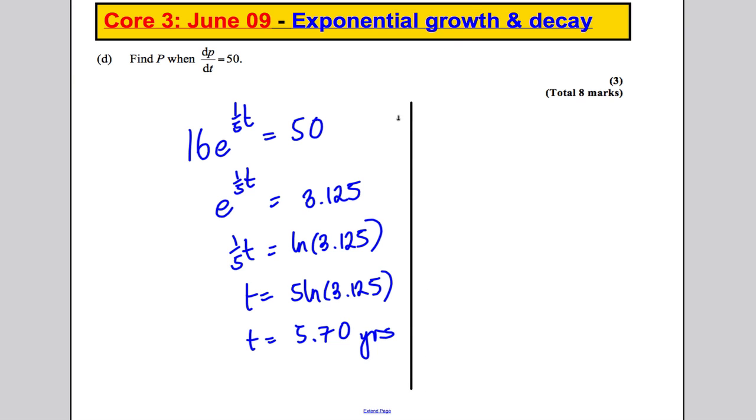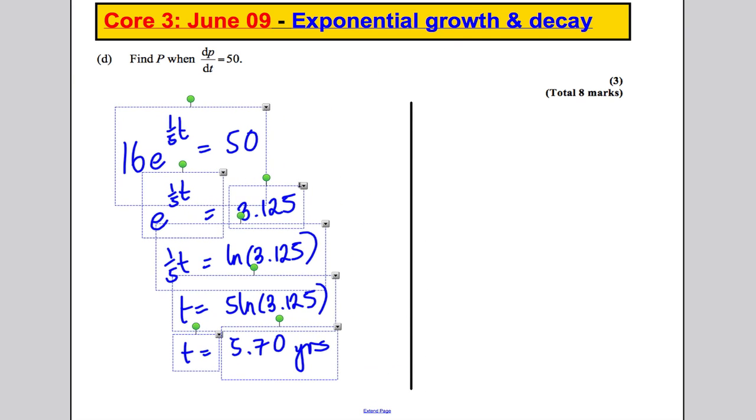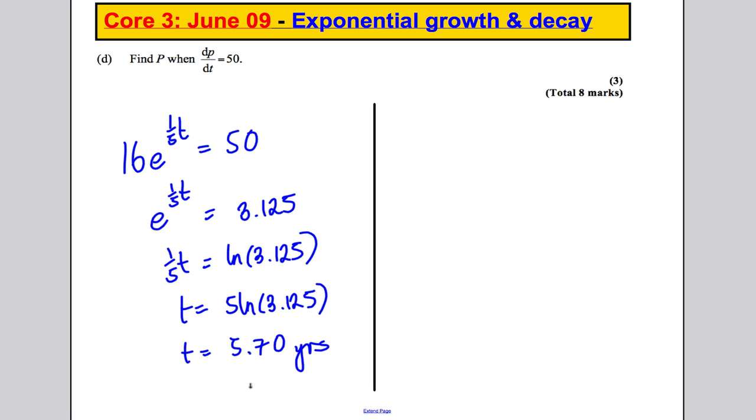I'm splitting the page here just to make things a bit easier for me to write it. But you know the time it takes for this to happen, but it asks you for the population, and the population is given by the formula 80 e to the 5th t. So all you've got to do is substitute t is 5.7 in there.